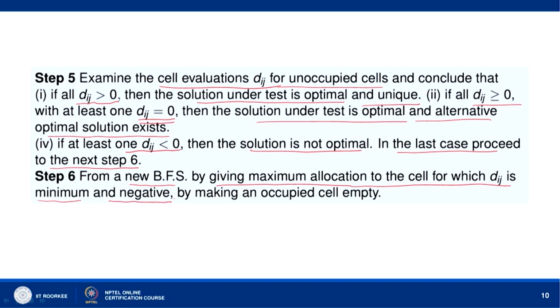We go to step 6 if there is at least one Dij with negative value, less than 0. We will take that Dij which is minimum and negative, by making an occupied cell empty. An occupied cell will be made empty and the maximum allocation will be made to this cell, where Dij is minimum and negative.